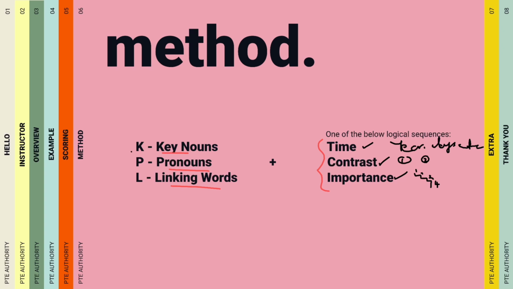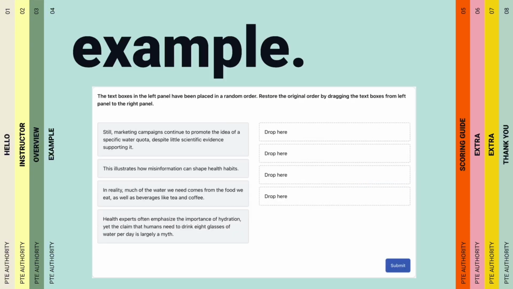The next thing that you need to do is identify these 3 things: key nouns, pronouns, and linking words. Key nouns are the main subject that the paragraph is talking about. So in this example, we can see all the paragraphs shown here are talking about water quota.